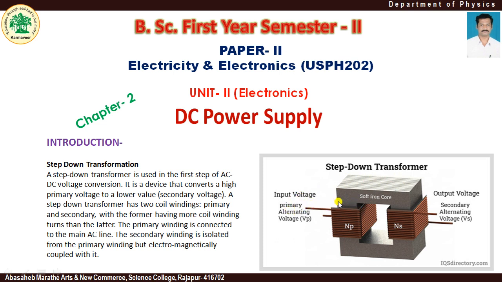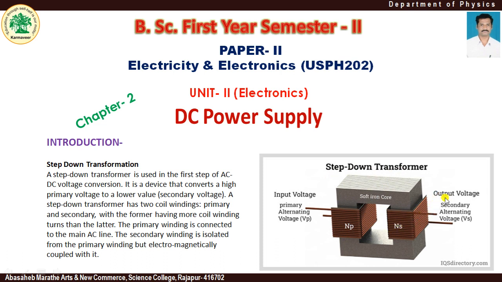To the step down transformer, we provide the input voltage from the socket, which is of alternating type or AC voltage. It is given to the primary winding or primary coil. NP indicates the number of primary coils in the step down transformer, whereas NS indicates the number of secondary coils.